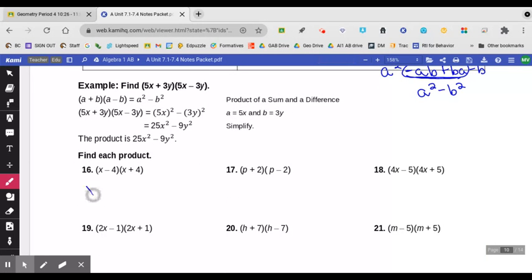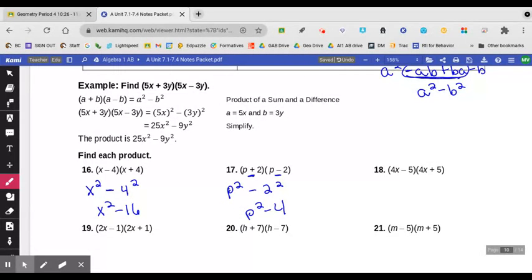So therefore it's x squared minus 4 squared. It's always minus. So it's x squared minus 16. 17, I have the sum and the difference of the same two terms. So it's p squared minus 2 squared. So that's p squared minus 4.